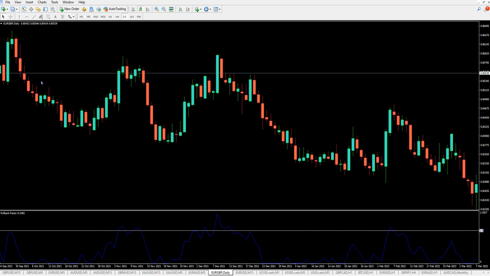So if we're going to trade with the trend, and we are looking for sells in this fractal of price action here on the daily chart, we know to take sells, but we also want to know when is the right time to get into the next sell? We're expecting it to retrace. So when will that retracement end? And so this indicator here is great to give us a gauge of when that retracement is at its peak.